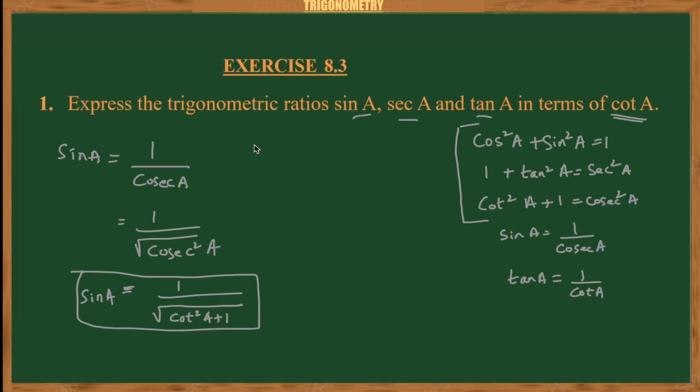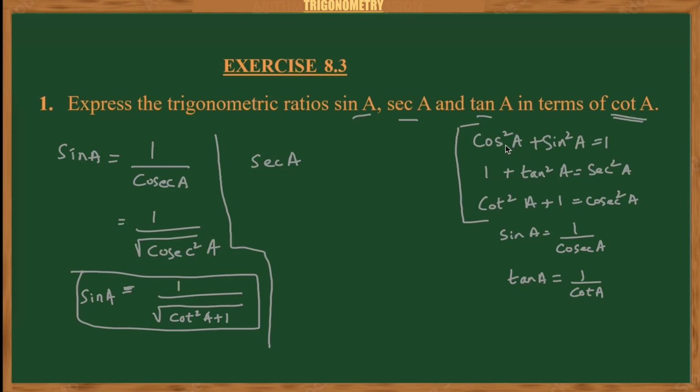Okay, so let's move to our next, secant A. Let's try to represent our secant A in terms of cot A. So let me just put it down here. Looking at this formula, we can see that secant square can be represented in this form, 1 plus tan square A, which can be further converted into cot.